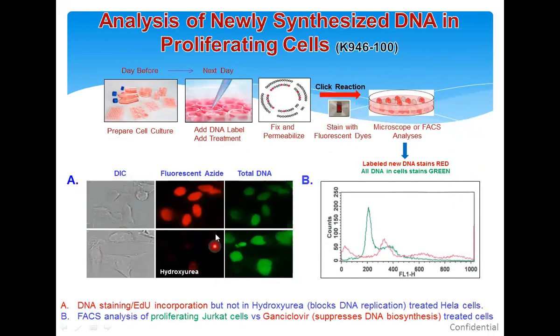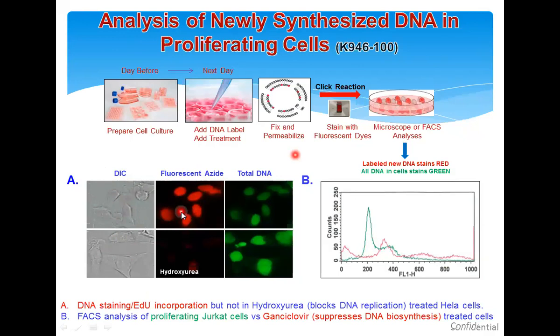Below is a diagram where I'm going to show you our data. In panel A, DIC is for labeling all the cells, so you can see there are cells. The fluorescent azide is the dye.